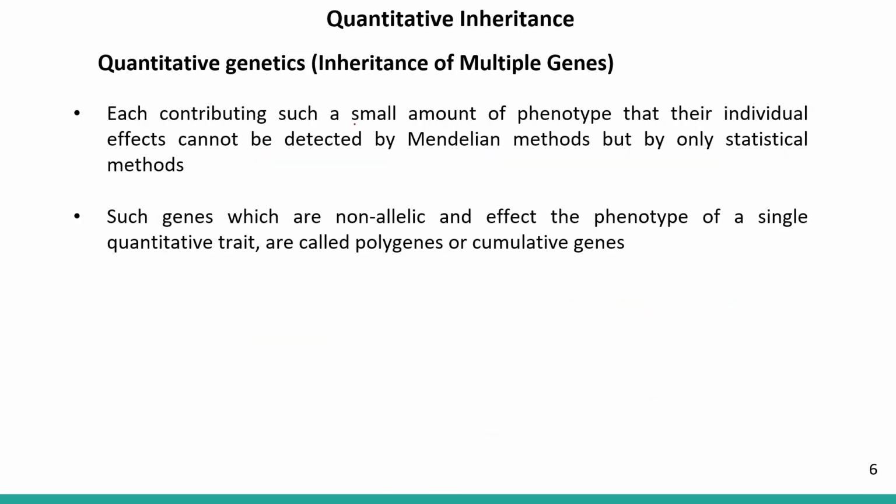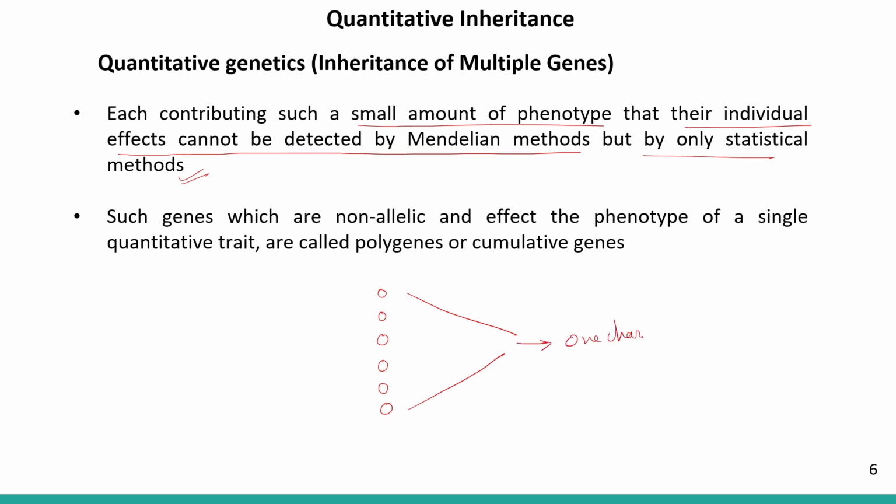Each gene contributes such a small amount to the phenotype that its individual effect cannot be detected by the Mendelian method, but only by statistical methods. So there are a number of genes governing one character, and you know that each gene will have different alleles.